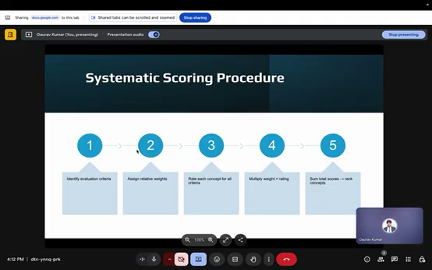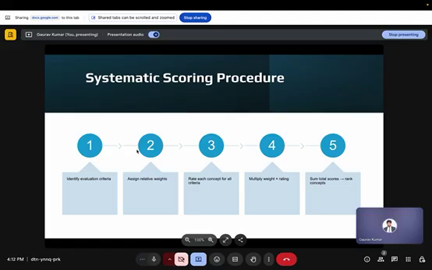Third, all concepts are rated against these criteria. Fourth, ratings are multiplied by weights to yield weighted scores, and finally these scores are summed to determine a ranked order of preference.